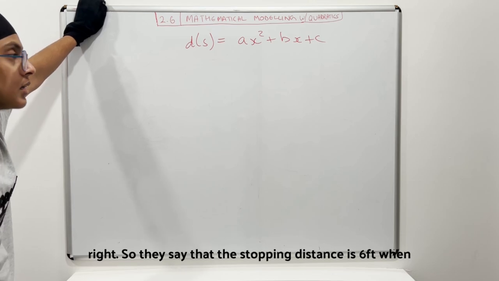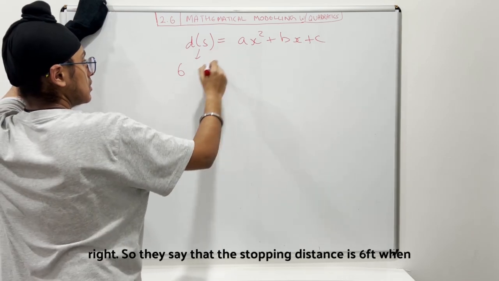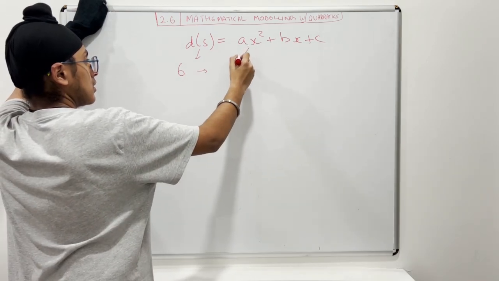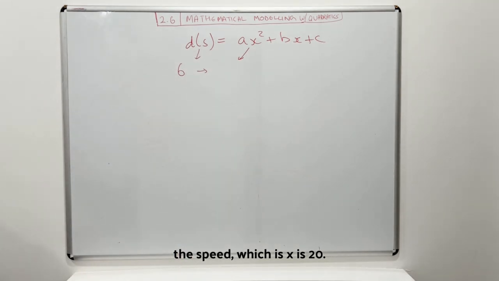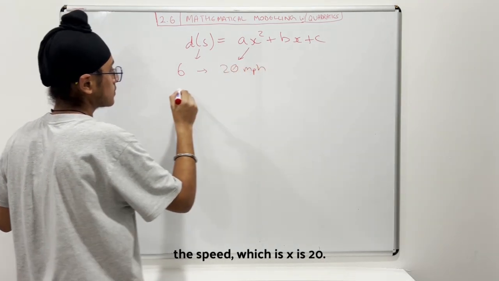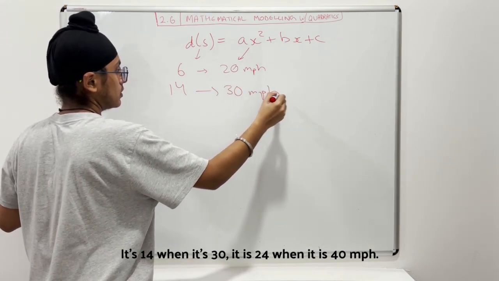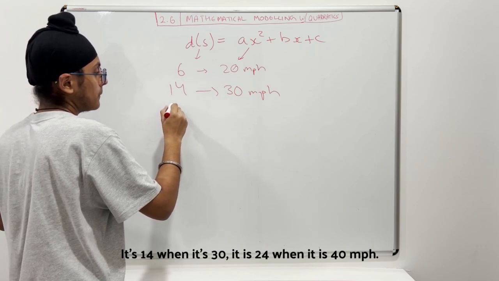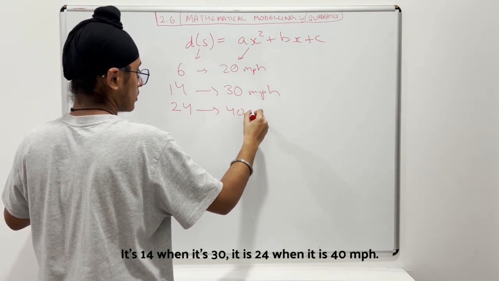So they say that the stopping distance is 6 feet when the speed, which is x, is 20 miles per hour, and it's 14 when it's 30 miles per hour, and then it is 24 when it is 40 miles per hour.